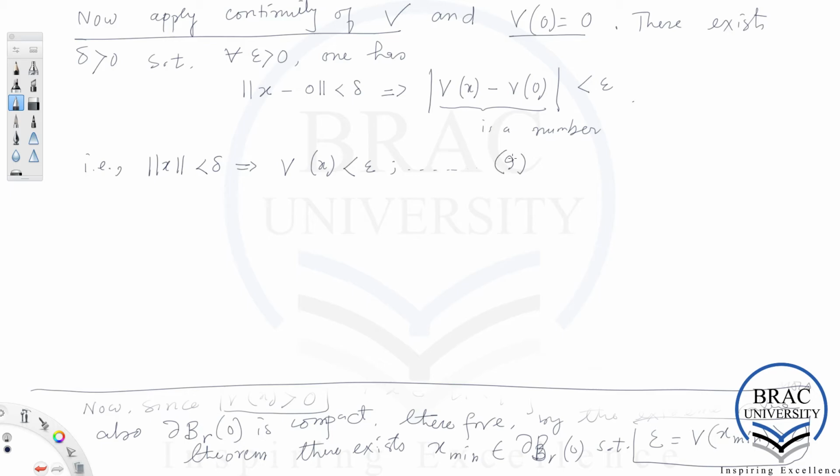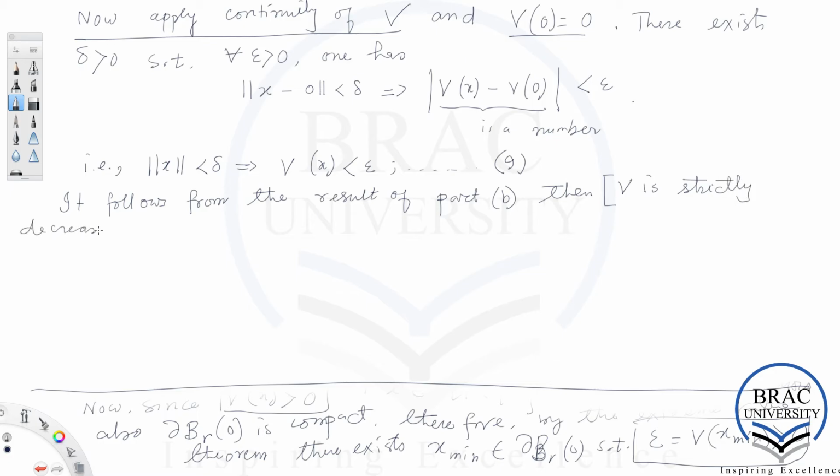Now it follows from the result of part B, which of course states that V is strictly decreasing along the orbit.